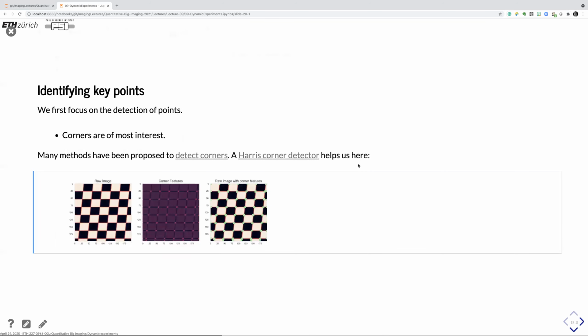And here we can see a very basic example. You have a checkerboard where we want to identify the corners, and there are a lot of different ways of doing it, but a popular one is the Harris corner detector. That one is a kind of filter based on the structure tensor, so that's essentially a tensor based on the derivatives in different directions.